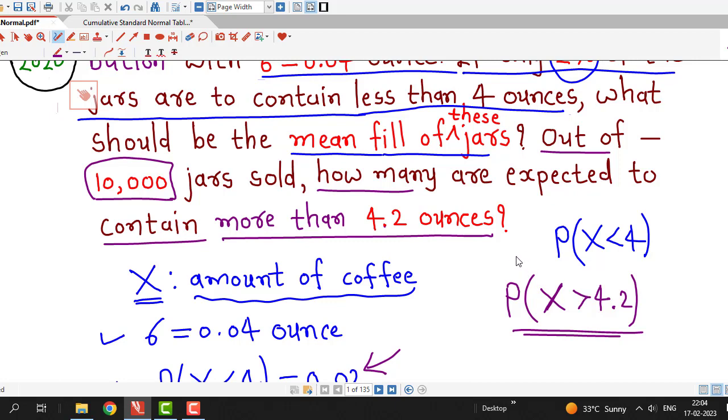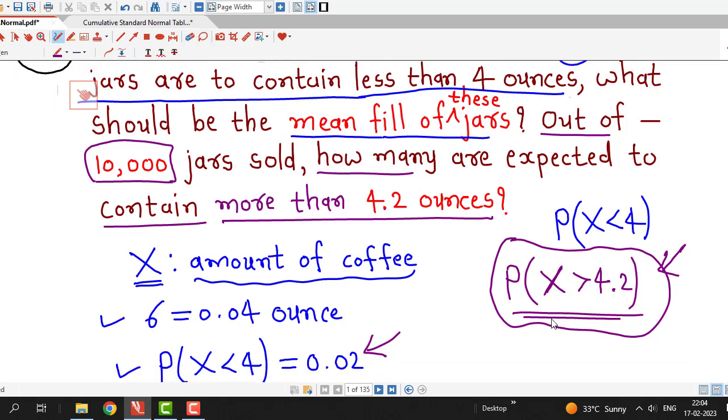So for that we will first decide the probability that the amount of coffee is greater than 4.2 ounces, and then we will multiply this probability by 10,000 to obtain the expected number of jars which contain more than 4.2 ounces.